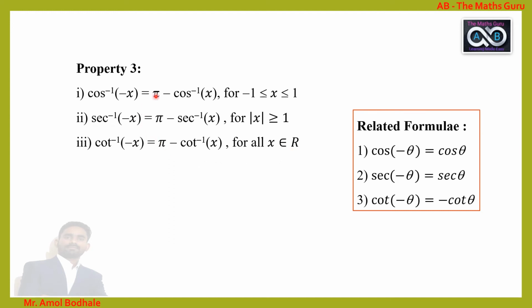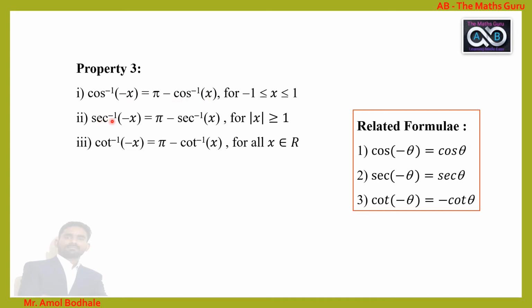So here we can remember this property using the correlation, that is the formula which we have learned. As we know, cos of minus theta is positive cos theta, and sec of minus theta is also positive sec theta. So when the negative angle gives a positive value, we can write cos inverse of minus x as pi minus cos inverse of x.